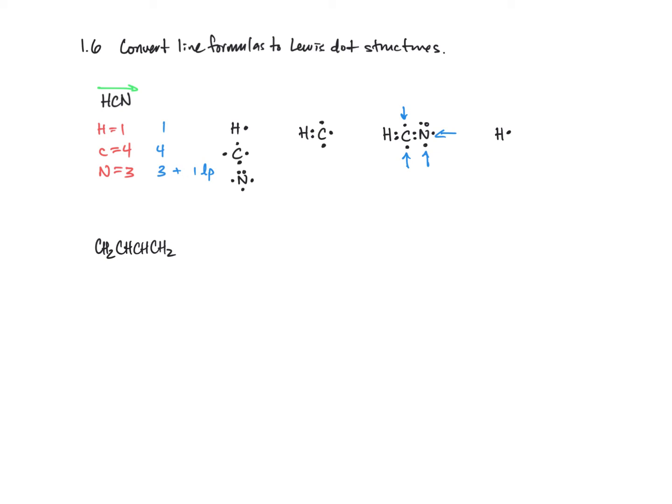So in building up our Lewis dot structure, HCN would look like that. You have your sigma bond between hydrogen and carbon, then a triple bond between carbon and nitrogen, and nitrogen has its lone pair.